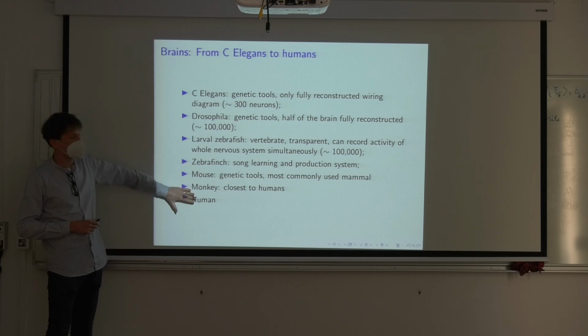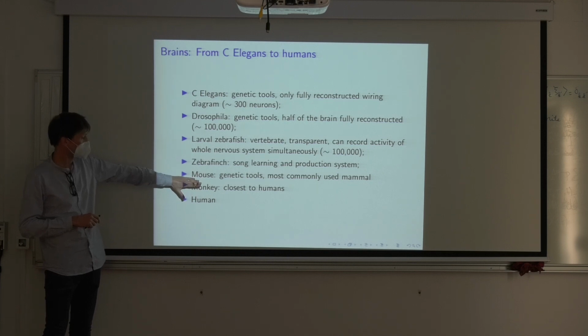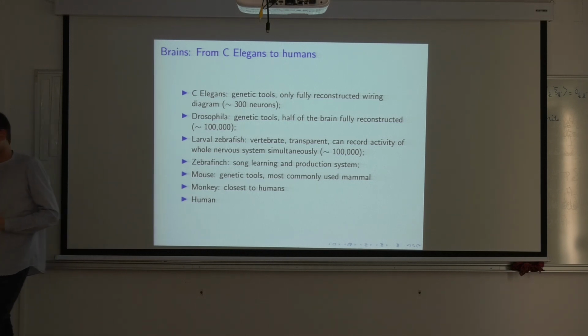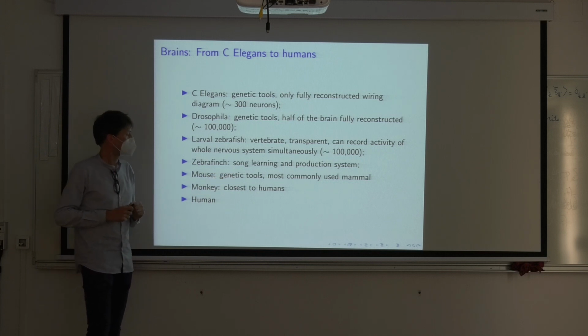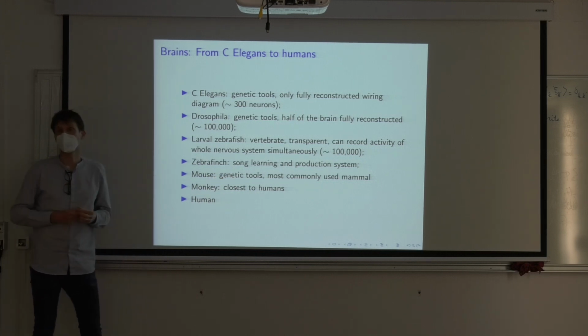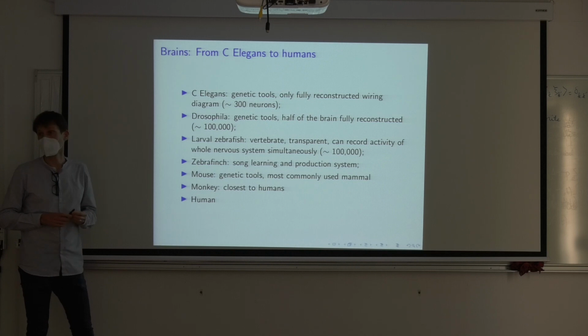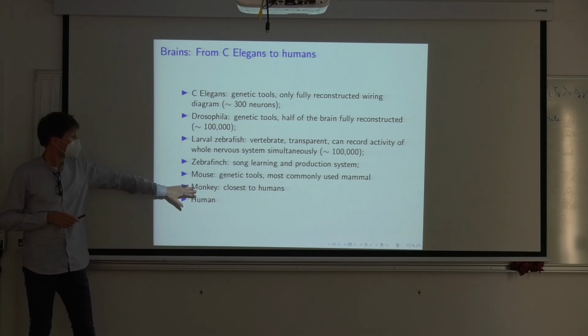And then we go to mammals, and of course we are interested in mammals for obvious reasons. Mouse is by far the most studied mammal, in particular because of the availability of genetic tools; again, you can produce genetically modified mice very easily. Finally, monkeys.